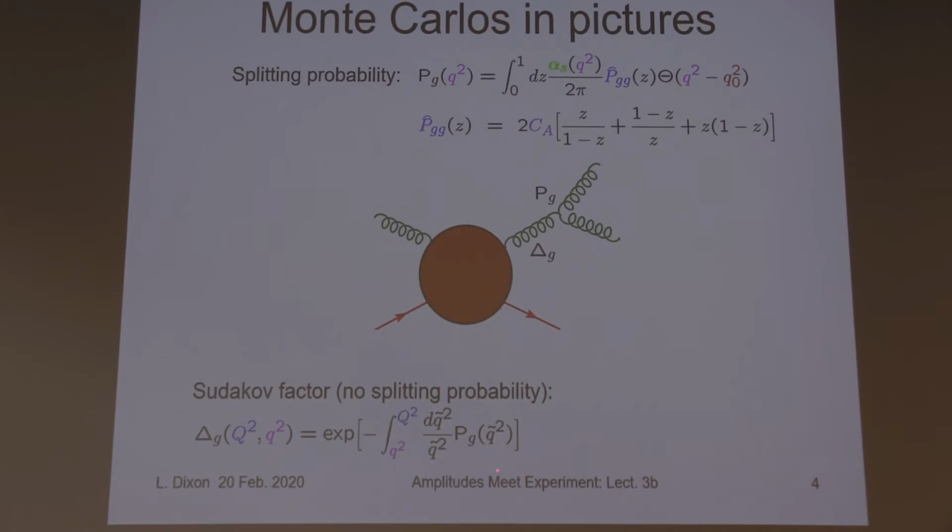But you also need to have a no-splitting probability called a Sudakov, and that involves an integral over this splitting probability from some high scale capital Q squared to some low scale q squared. This factor gives you a way of rolling the dice, and you generate random numbers, you compare them to something related to this Sudakov, and the output of that comparison tells you at what scale this branching takes place in a given process.